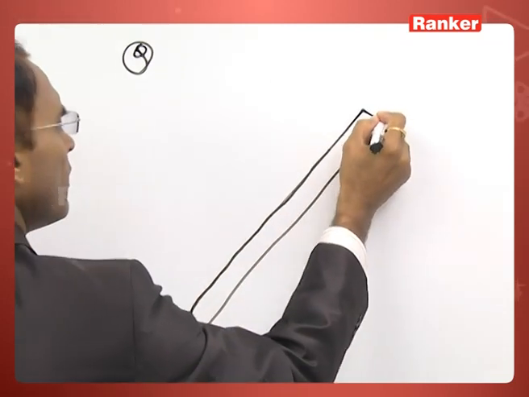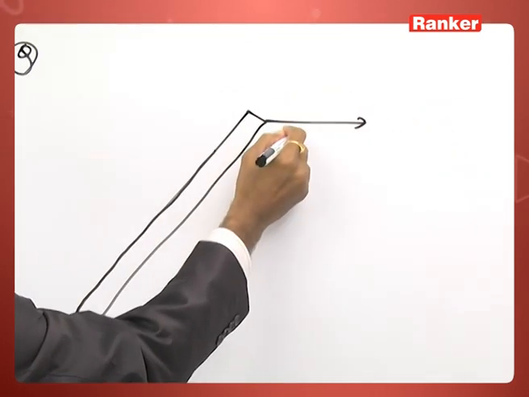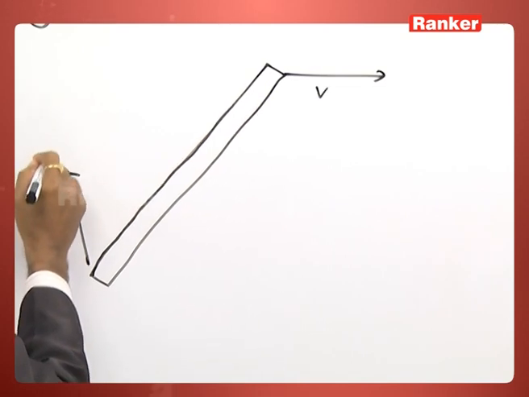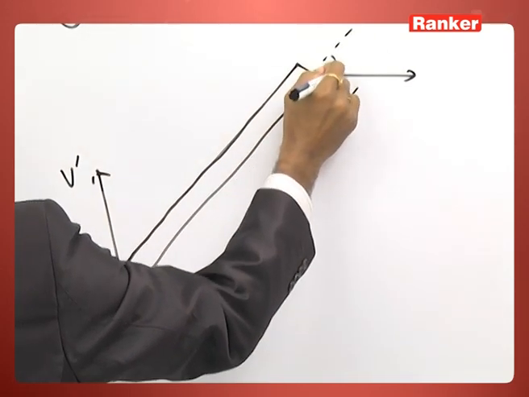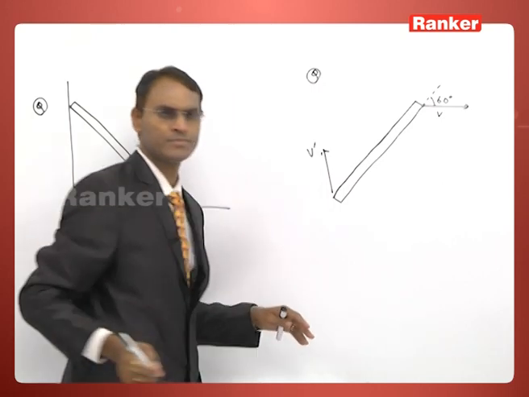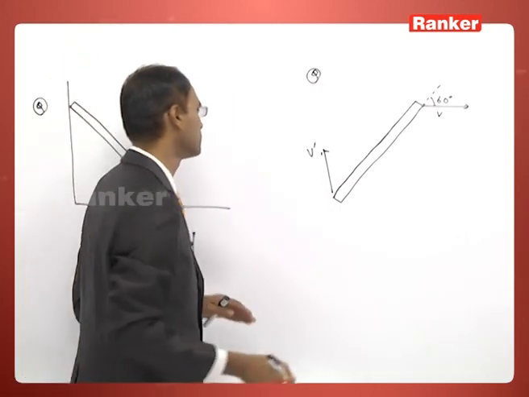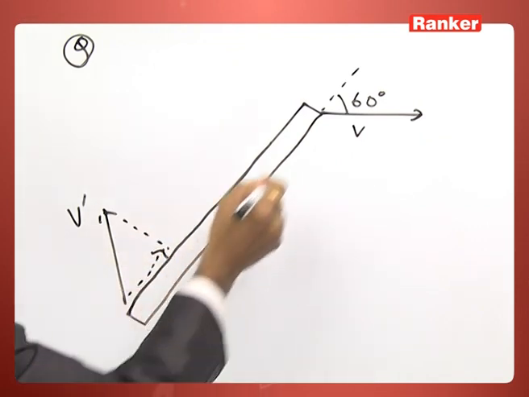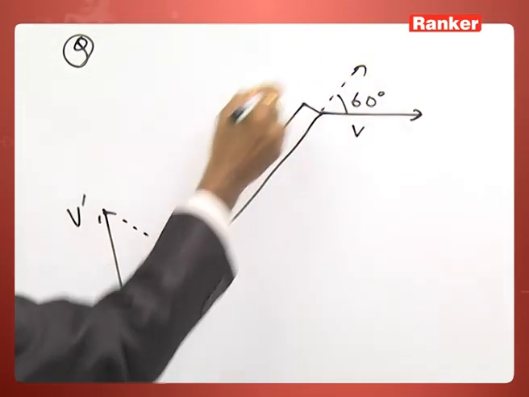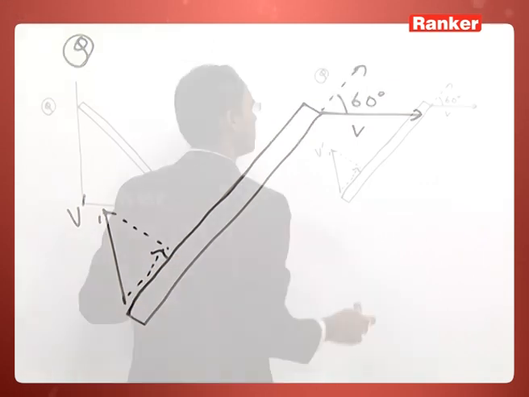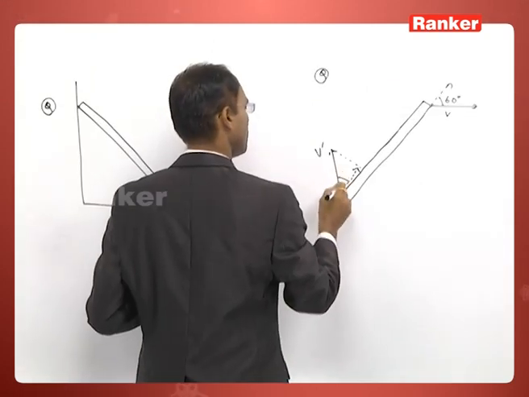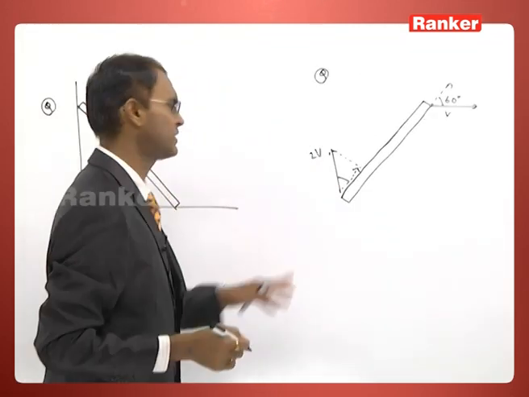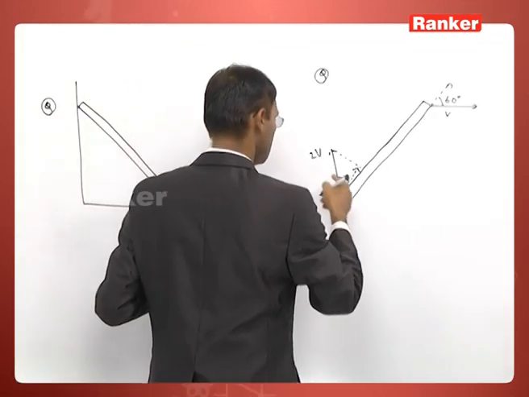This rod, this end moves with velocity v, this end moves with velocity v dash. So this is 60 degrees, such that if we equate the velocities along the rod, you will get equal quantities.